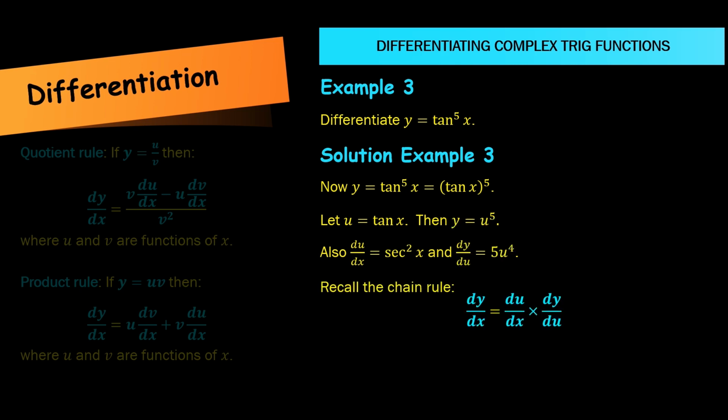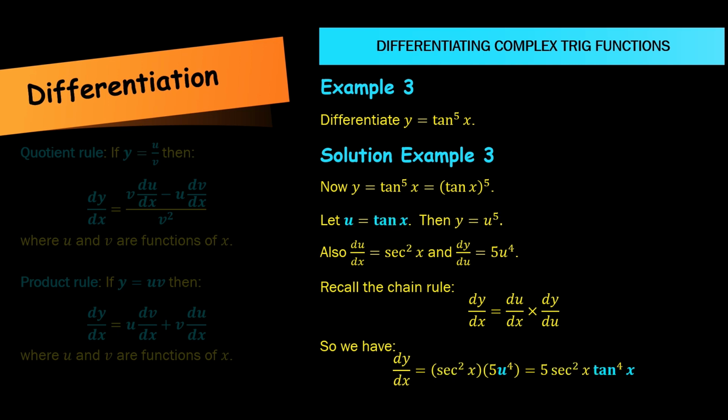So applying the chain rule, dy dx equals du dx times dy du, we obtain that dy dx equals sec squared x times 5u to the power 4, which is equal to 5 sec squared x times tan x to the power 4.